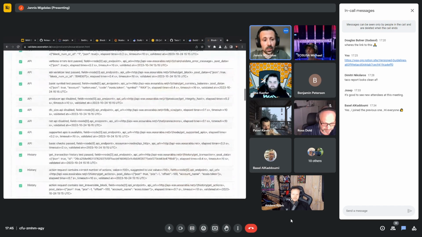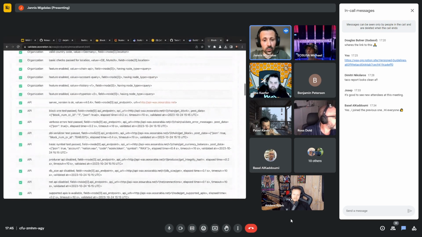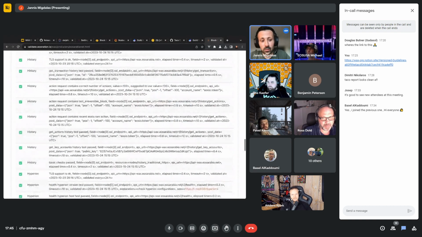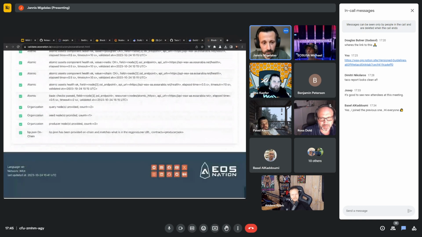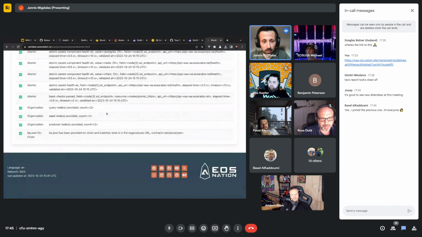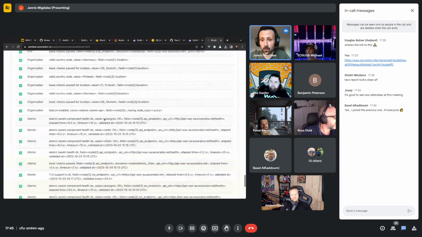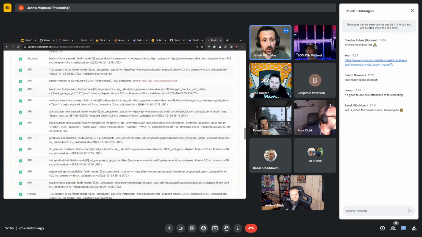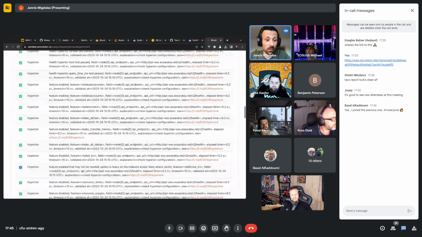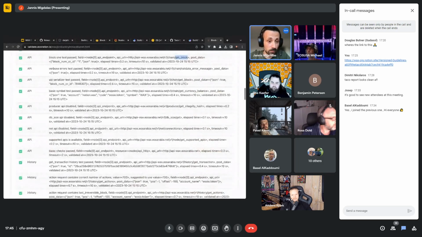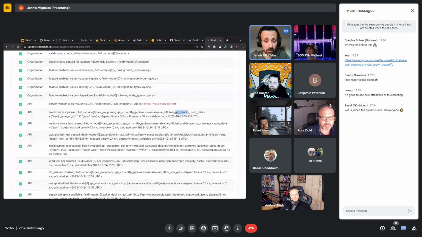Okay, so let me draw the following conclusion then. On API nodes, this HTTP request would fail for the first block. But if you provide an actual seed node which is full, for example your state history node, then the seed node should be full and the API node is in most cases not full.